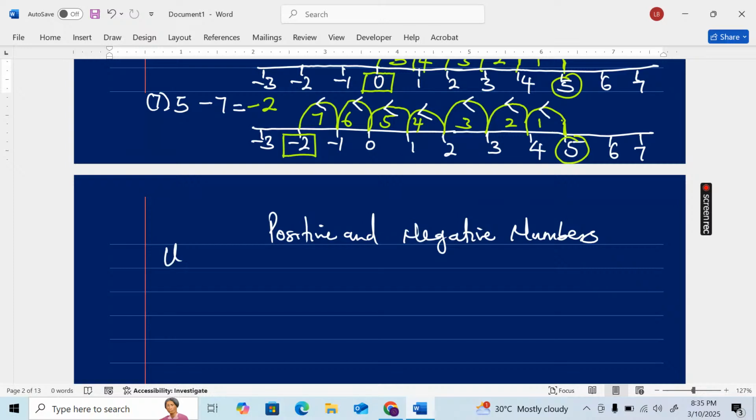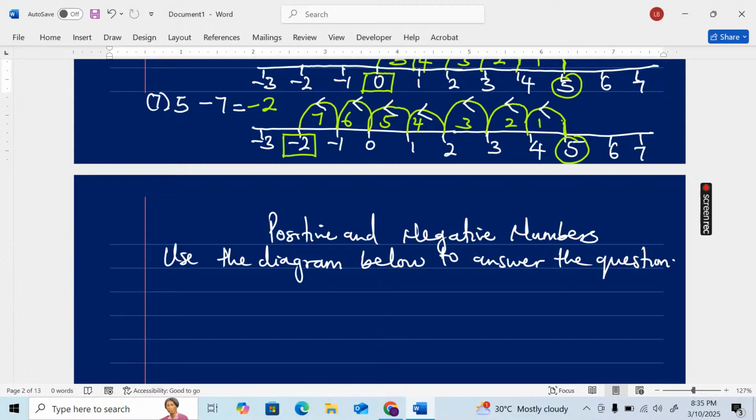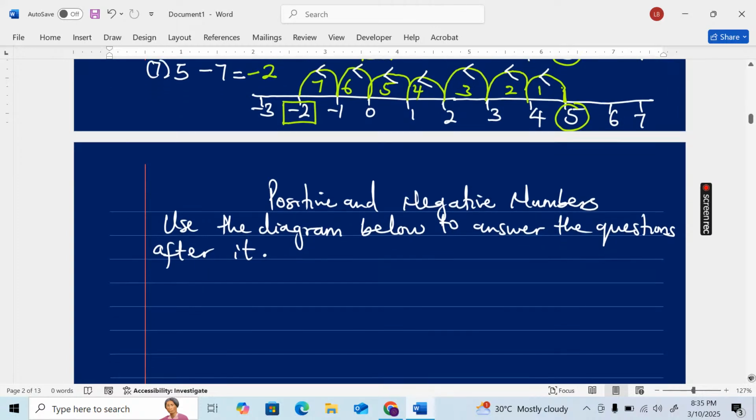Now you're going to use the diagram below to answer the questions after it. Please make sure you're writing.